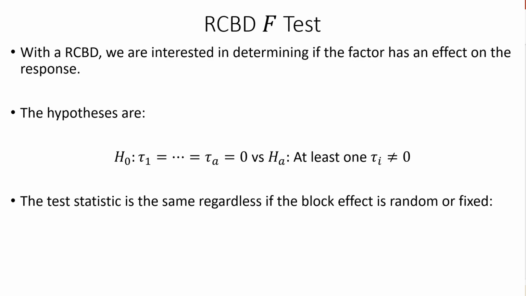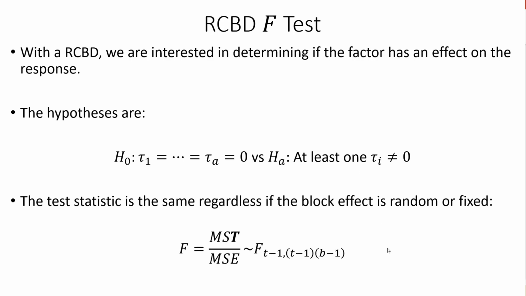And then our test statistic is going to be the same regardless if the block effect is random or fixed. And this is where it's different between a nested design, where each of the experimental units is measured multiple times under the same level of the factor, versus being measured multiple times where we change the level of the factor.